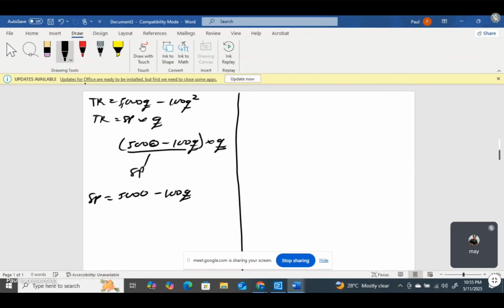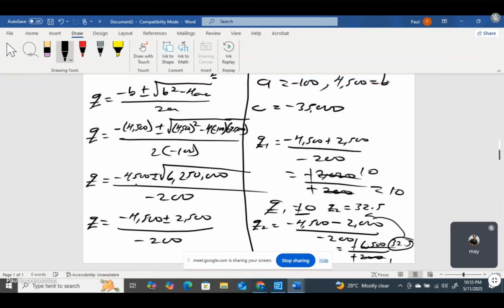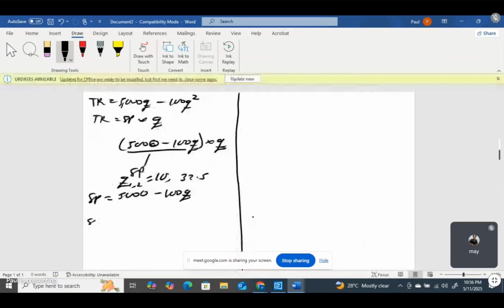And we got the break-even quantities as 10 and 32.5, Q1 and Q2, from the first part. So we put 10 in the function, 5,000 minus 100 into bracket 10, and we get our selling price to be 4,000.